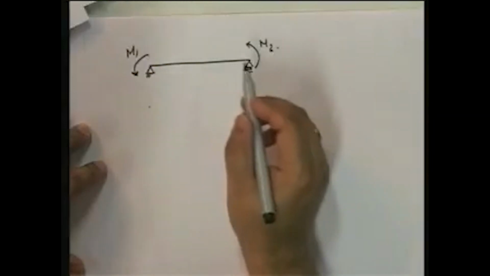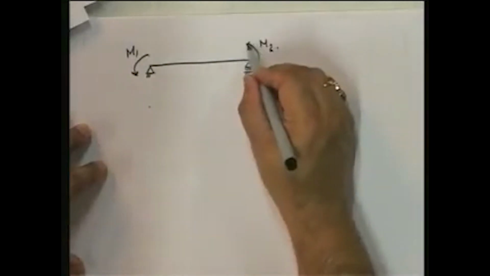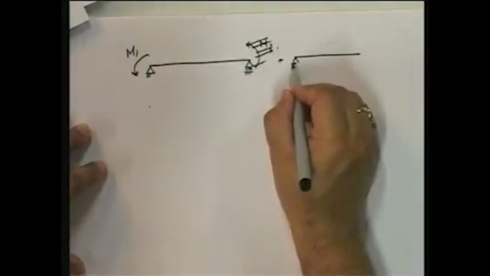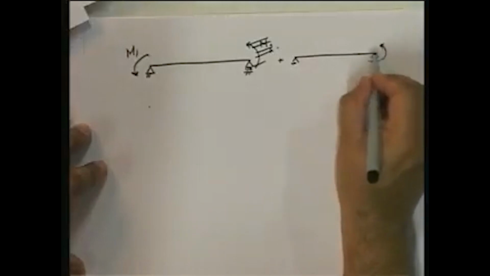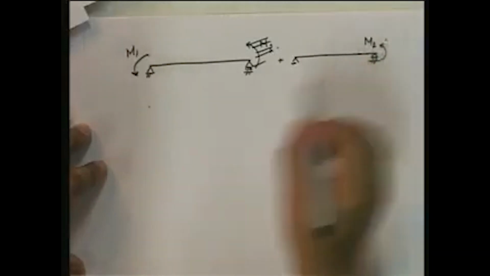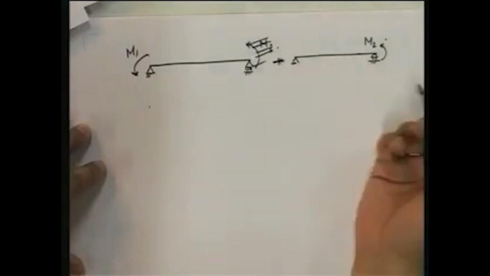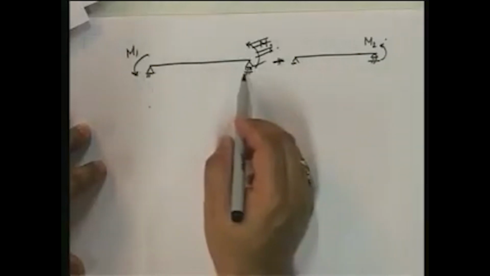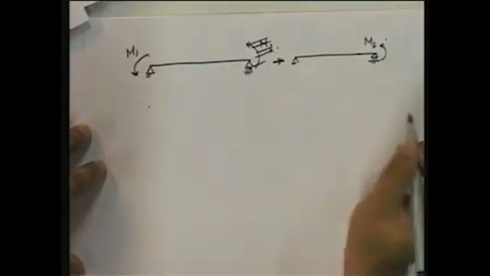Let me apply them separately, because anyway I can do superposition. So I'm going to take this plus this. Is that okay? It's the same thing, right? Two loads acting, I'm just considering them as two separate loads. Okay? So I can find out the theta AB due to this moment, find out the theta AB due to this, and sum them up.